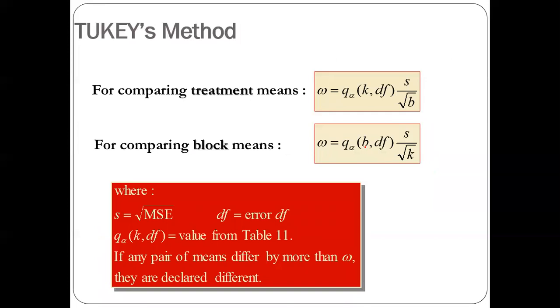So this is the way we are going to compare the treatment means and the block means. Same as one-way ANOVA, we are going to refer to the value of omega, but the difference is just the formula that is used for treatment means and for block means.